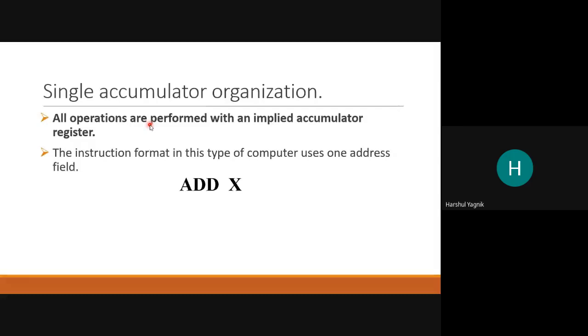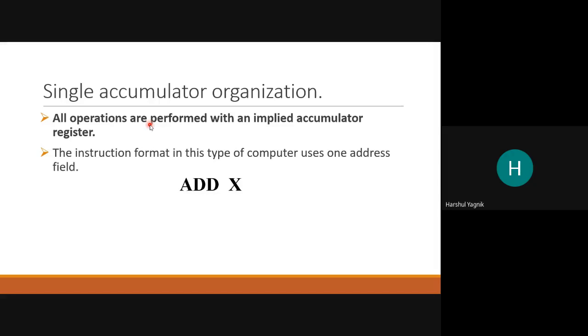What happens in a single accumulator organization? All the operations are performed with an implied accumulator register. For example, the instruction format is add X. In that, one of the operands is by default in the accumulator, right?